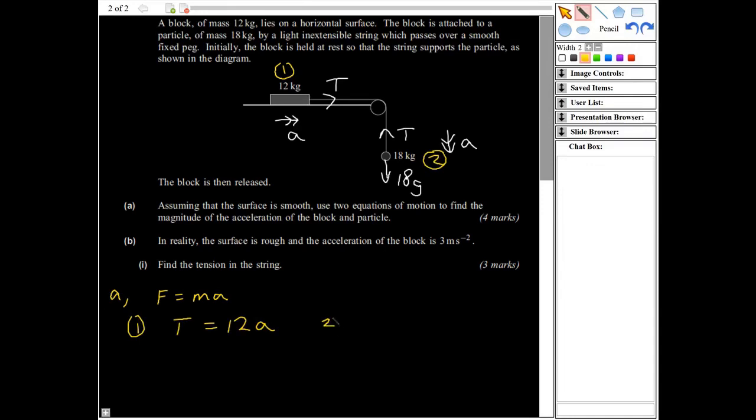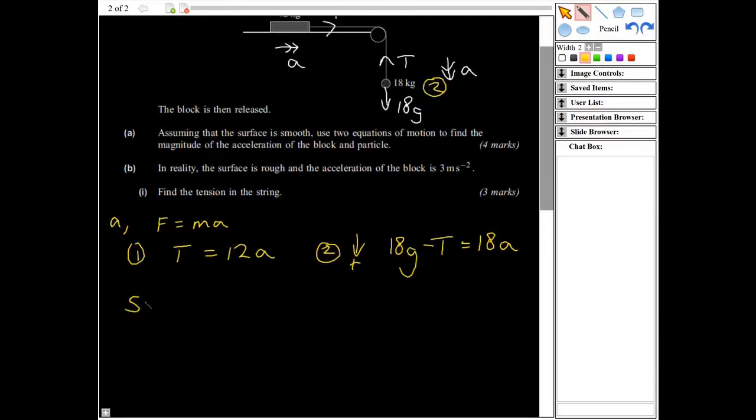For number 2, again, I can do the downward direction as positive because the acceleration is downwards. And so I would say that 18g minus T is equal to 18a. Now I have my two equations. Again, I want to find the acceleration, so what I'm going to do is substitute for the T in equation 2 by using what I had from equation 1.